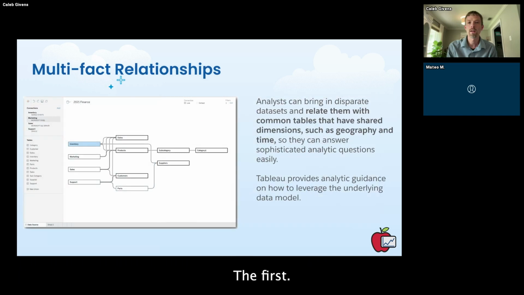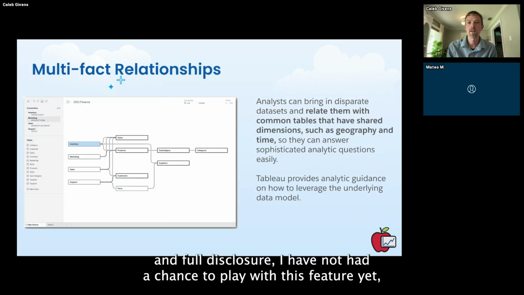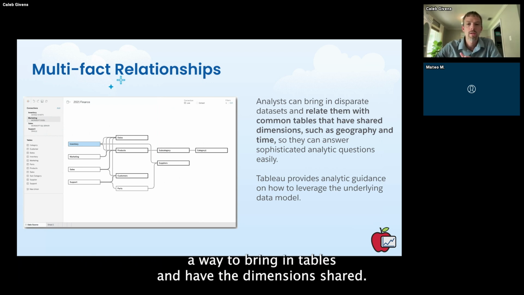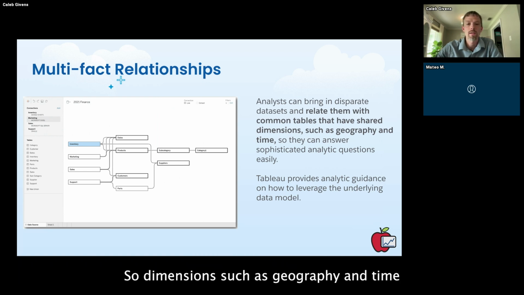The first, in full disclosure, I have not had a chance to play with this feature yet, but this is essentially what they call multi-fact relationships, a way to bring in tables and have the dimensions shared. So dimensions such as geography and time can have a relationship.